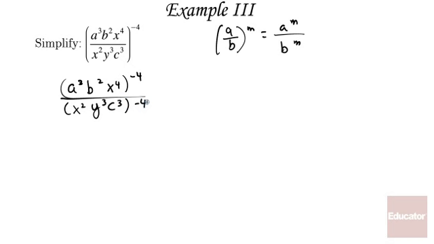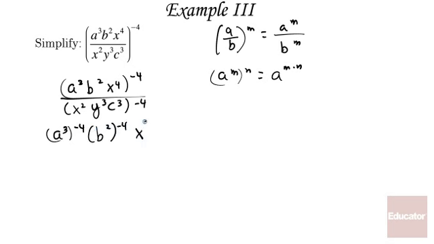Okay, once I have that, I'm going to use my power to a power rule: a to the m raised to the n power equals a to the m times n. So applying the negative 4 to each item inside the parentheses, and doing the same thing in the denominator.